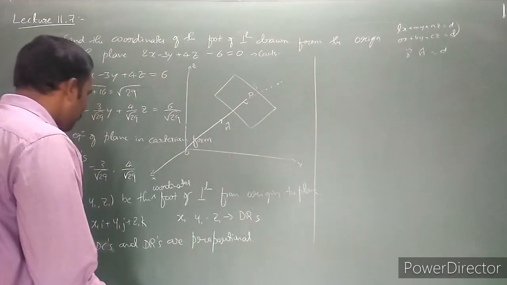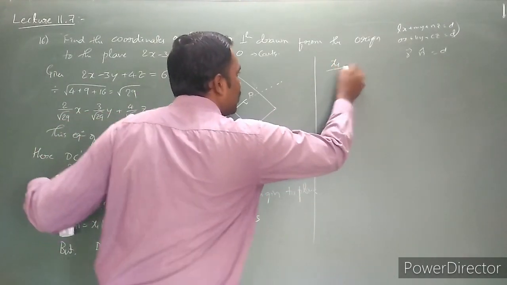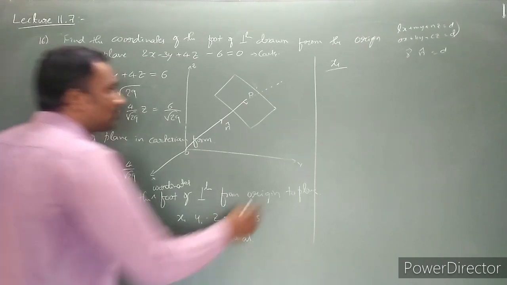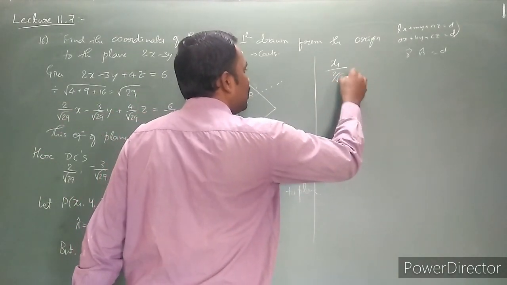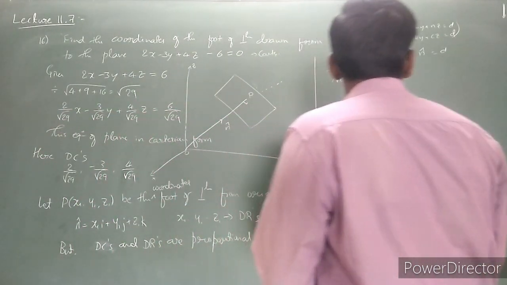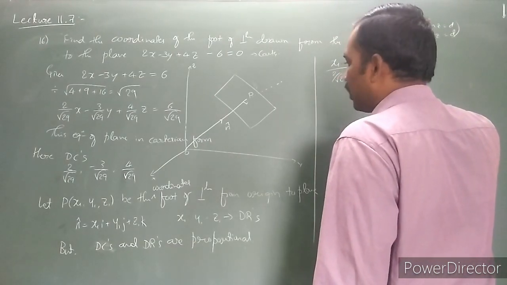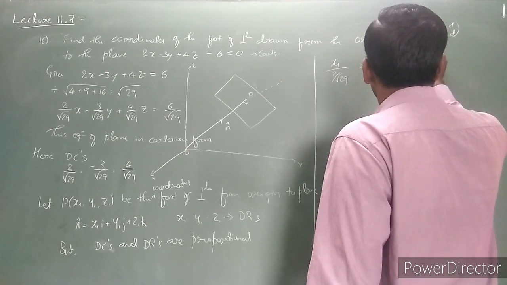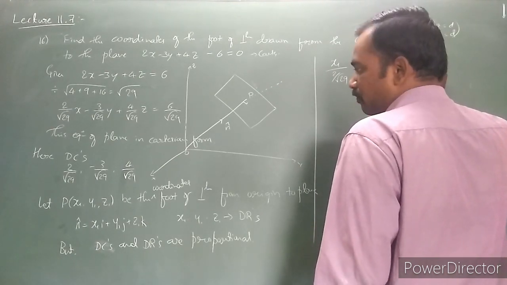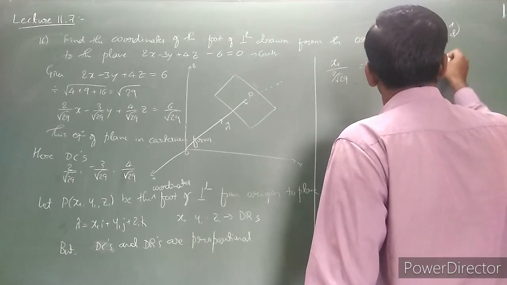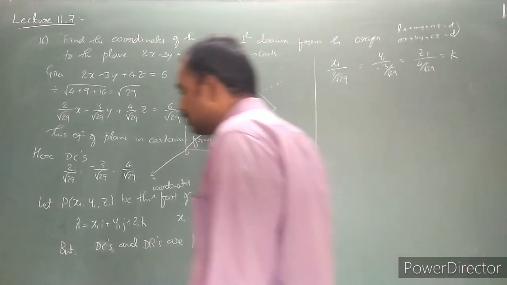So I write x1 divided by 2 by root 29 is equal to y1 divided by minus 3 by root 29 is equal to z1 divided by 4 by root 29. This value is equal to k.